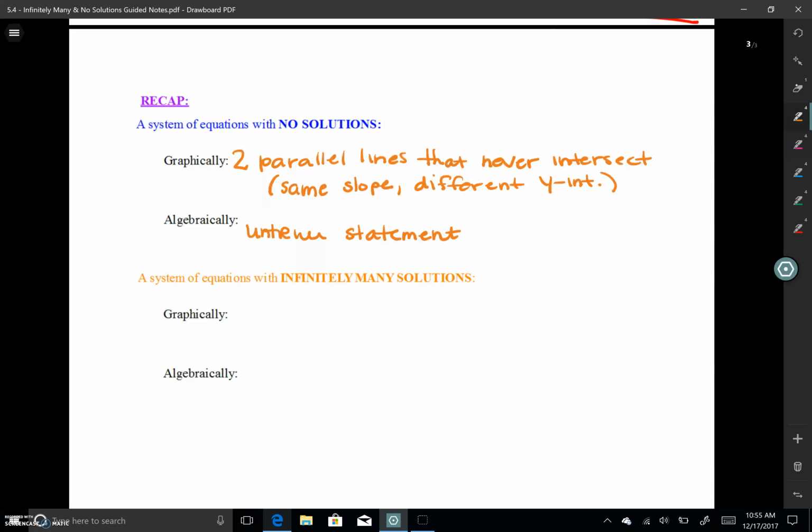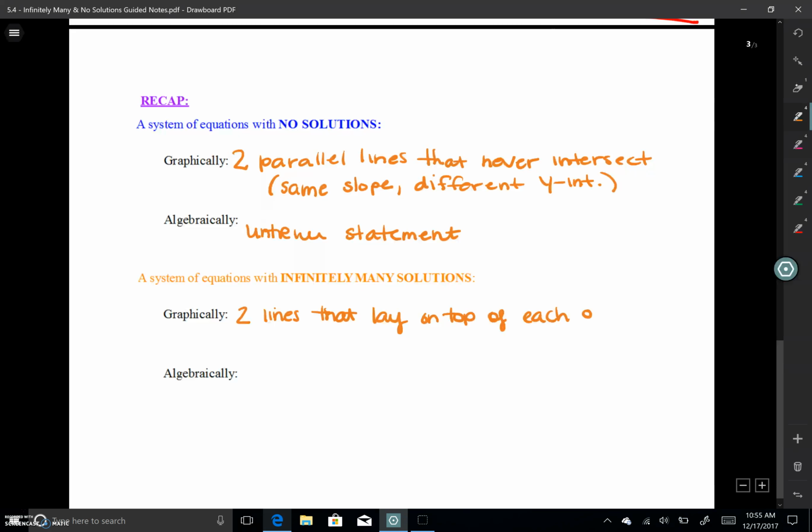For infinitely many solutions, graphically, I have two lines that lay right on top of each other. In other words, they're the same line.